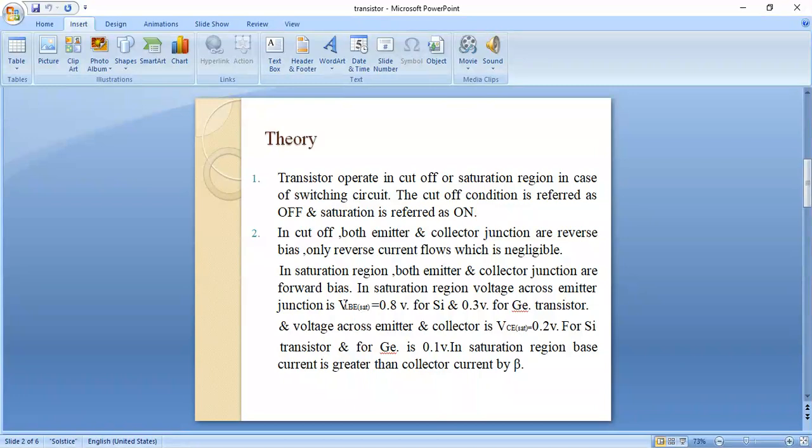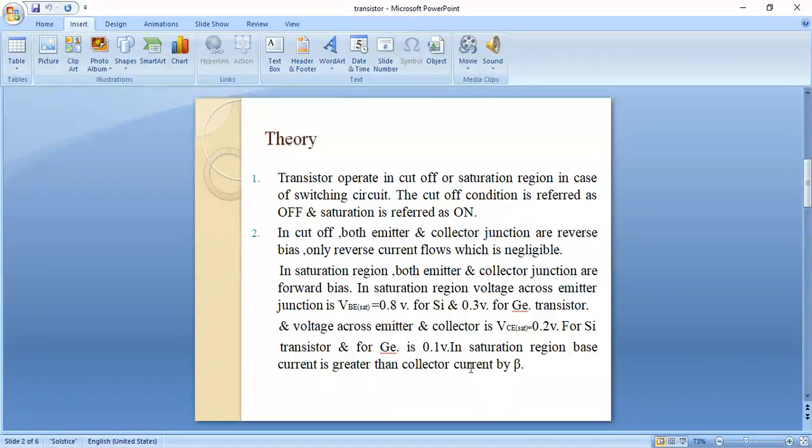Their values are 0.8 volt for base to emitter and 0.2 volt for collector to emitter if the transistor is made of silicon, and 0.3 volt and 0.1 volt for a germanium transistor.